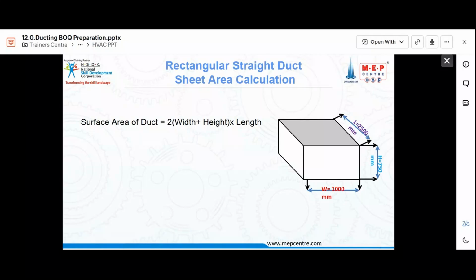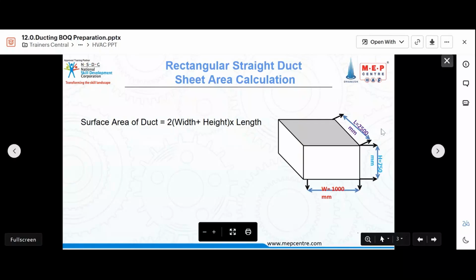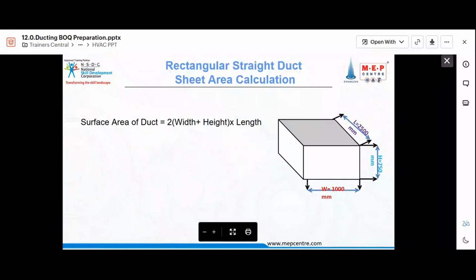Width is 3.3 feet, height is 2.6 feet, 2 feet 6 inches, and length is 8.4 feet.